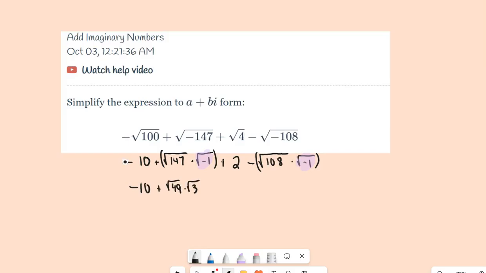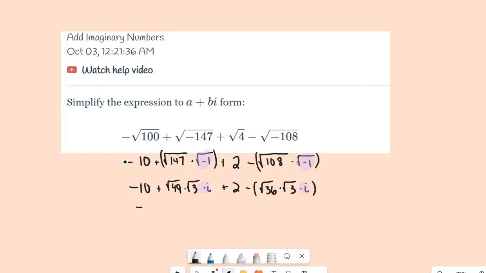That's going to be 147 times i. That 2 will stay the same, and then this is going to be root 36 times root 3 times i. Once again, whenever we see square root of negative 1, that's going to be just i.